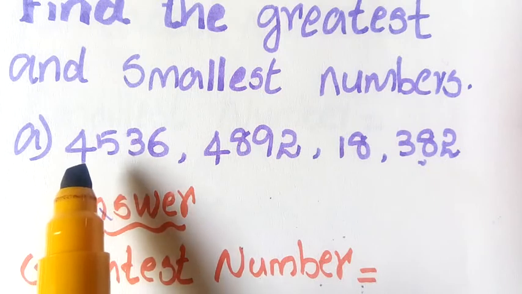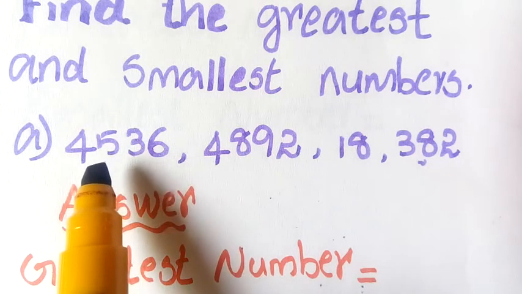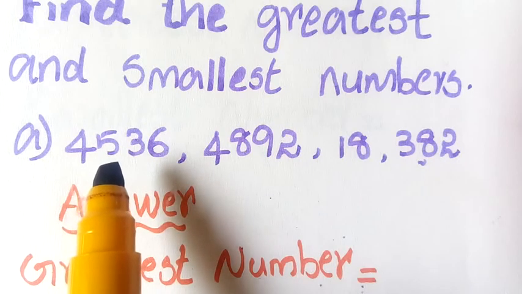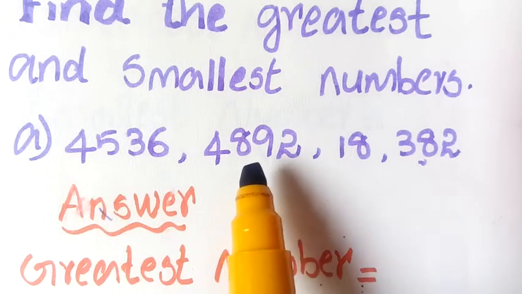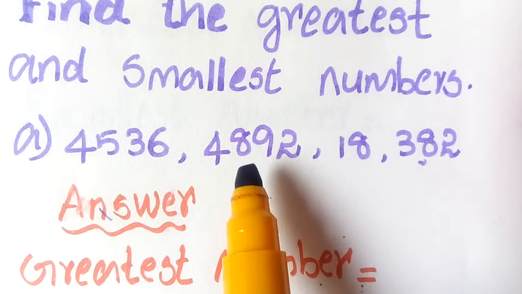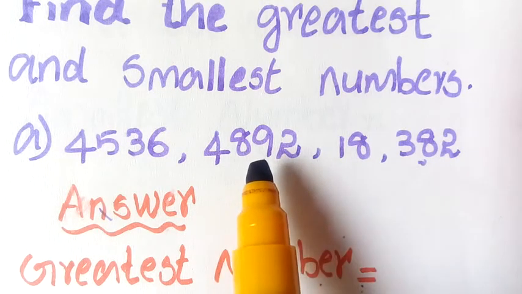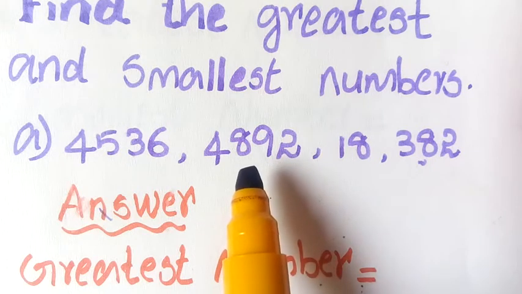Here, in 4536, in hundreds place, we have 5. That is, it has 5 hundreds. In 4892, the digit in the hundreds place is 8. That is, 4892 has 8 hundreds.